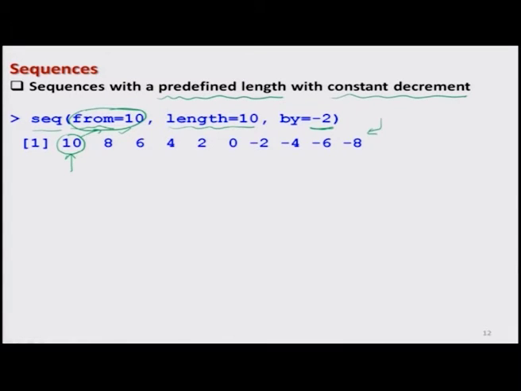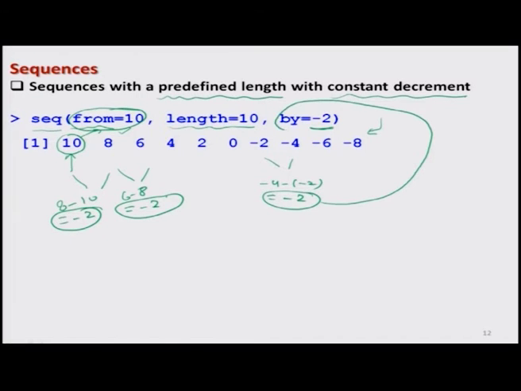Now, if you see the difference between 10 and 8, it is 8 minus 10, which is equal to minus 2. The difference 6 minus 8 is again minus 2, and similarly, for anything over here, 4 minus 6, this is equal to minus 2, and this minus 2, this minus 2, this minus 2, as given here.